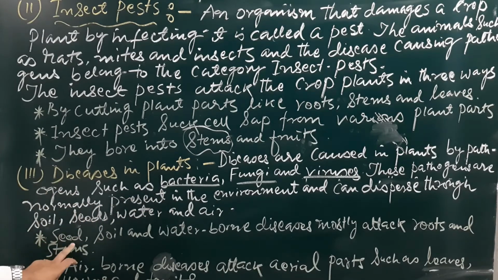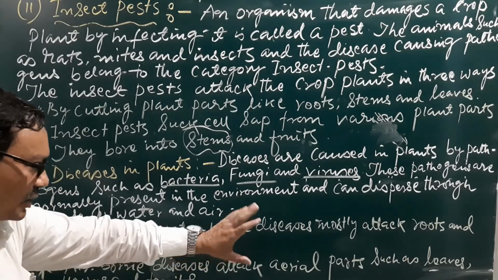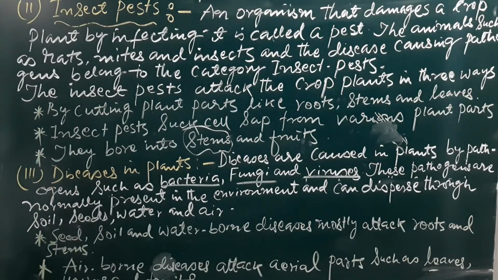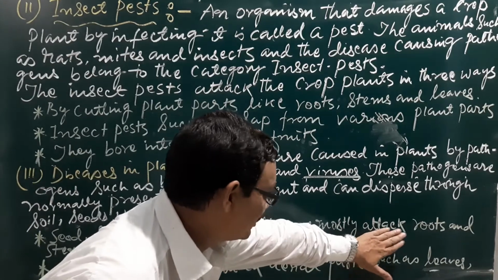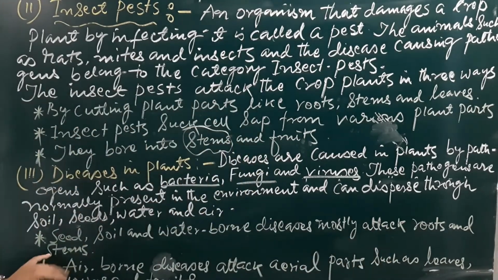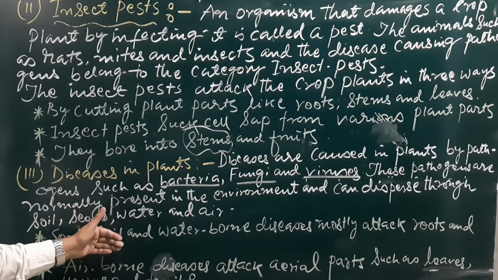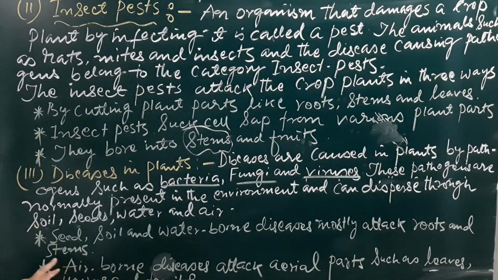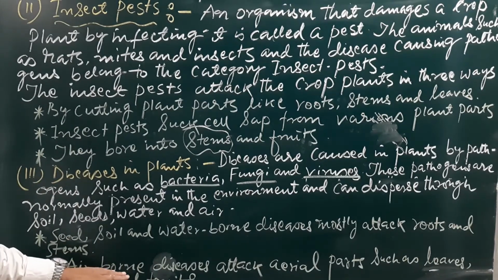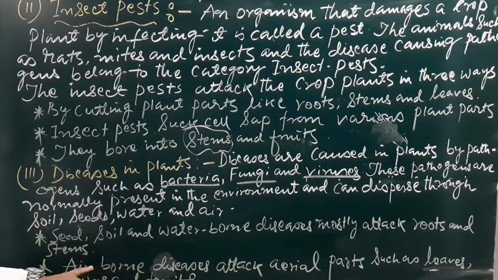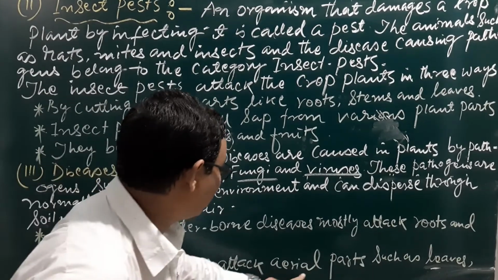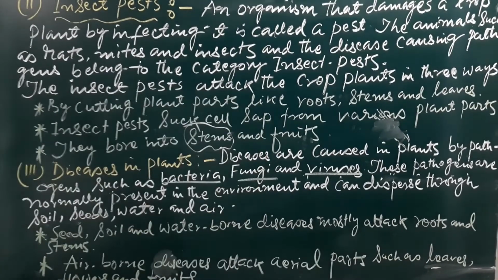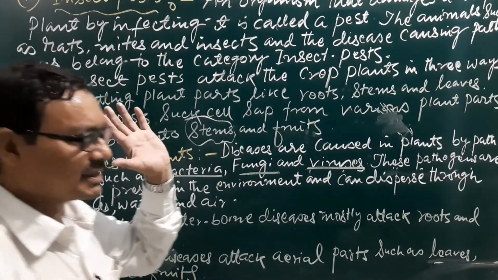Seed, soil and water-borne diseases mainly attack roots and stems. And airborne diseases attack aerial parts such as leaves, flowers and fruits.